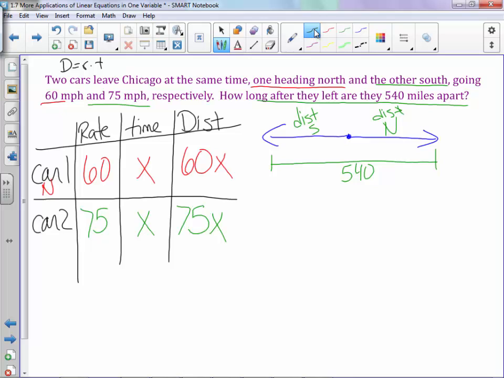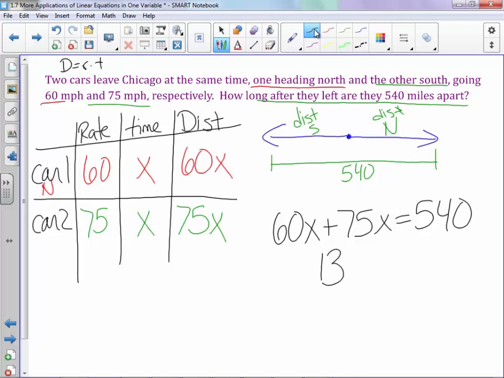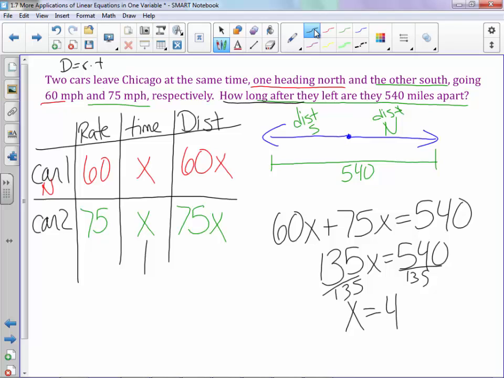So it's when together they're 540 miles apart, which means the distance the first car went plus the distance the second car went is our total distance. 60 plus 75 is 135, x equals 540. Divide by 135, x equals 4. So remember, it's how long after they left. Well, it's our x. So 4 hours.